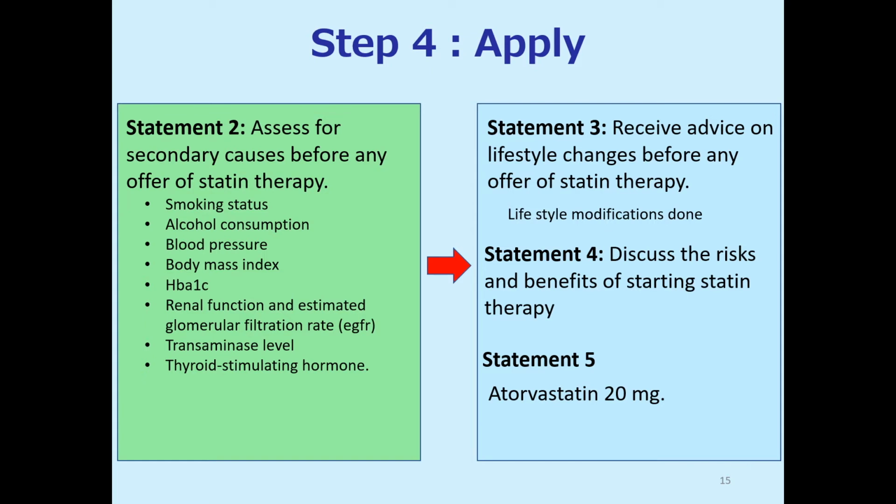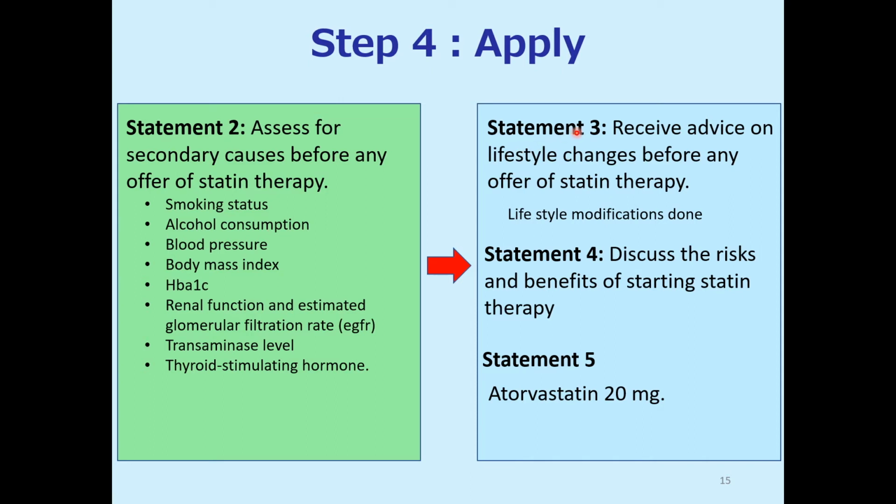These are the secondary causes we have to think of: smoking status, alcohol consumption, blood pressure, body mass index, HbA1c, renal function and estimated glomerular filtration rate, eGFR, and the transaminase level and TSH. According to the given history, there's a history of smoking and alcohol consumption. So we have found the secondary causes for the hypertension.